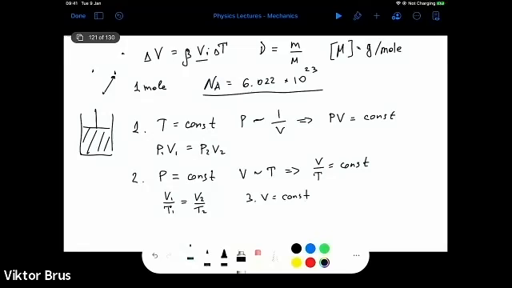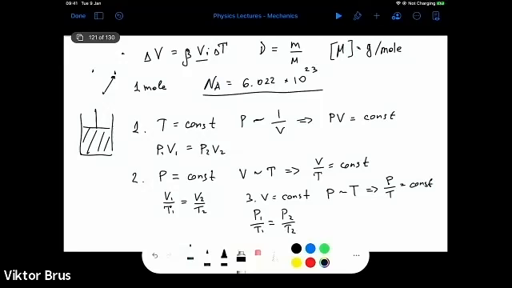and in this case, we have pressure directly proportional to temperature. So similar to the previous one, but instead of volume, we have pressure proportional to temperature. Again, the ratio of pressure to temperature is constant, and if we compare two different states of the gas, so P1 over T1 is equal to P2 over T2.